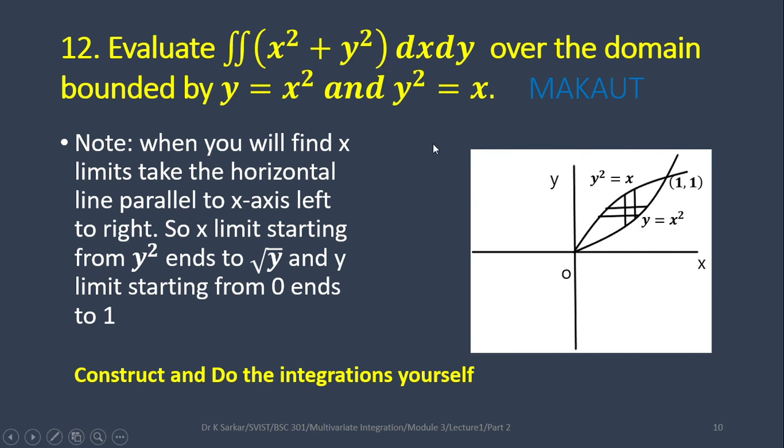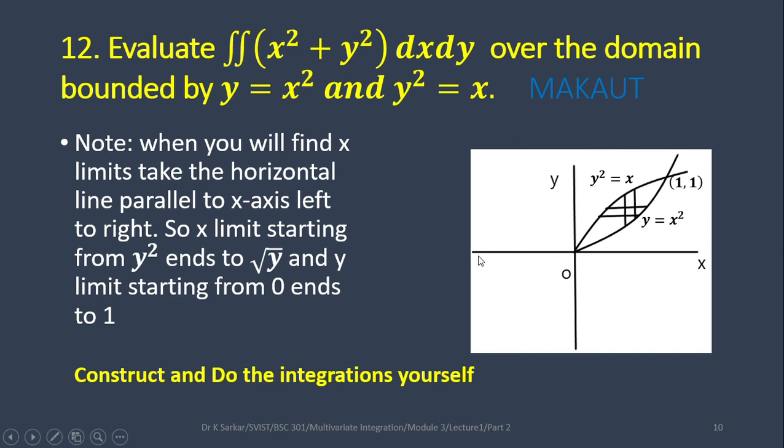And already I have discussed that if you would like to find the x limits, take the horizontal strip from left to right. So from the left, the x limit is y square, and at the right, the x limit is square root of y, and the y limit is from 0 to 1.